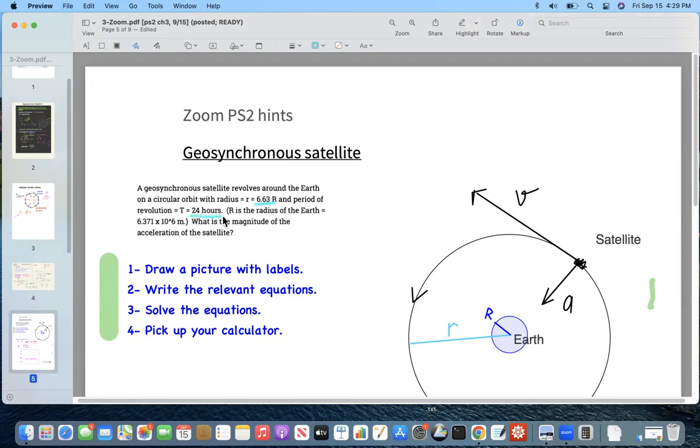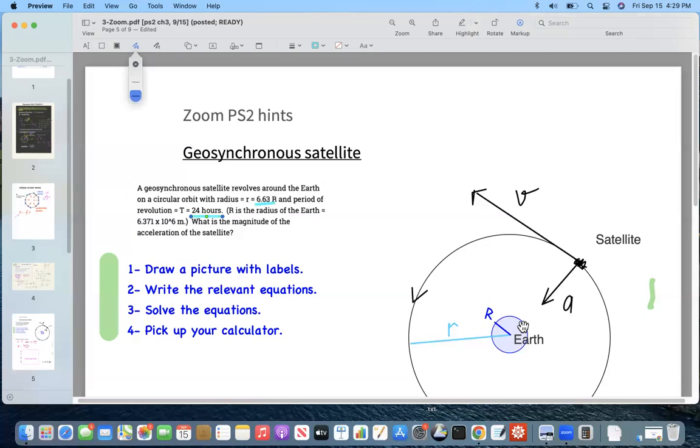That's why we call it geosynchronous, because if this is in the equator, then as the Earth rotates every 24 hours, and the satellite goes around the Earth in 24 hours, then the satellite will always be over the same position on the Earth.